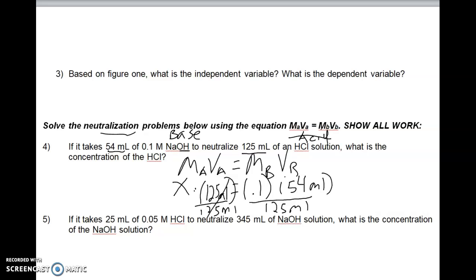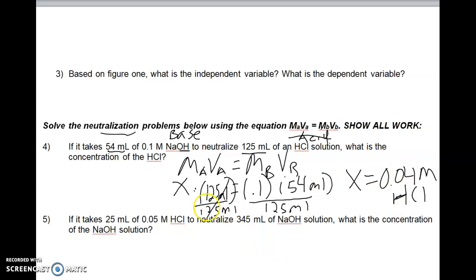And when you plug that into your calculator, you will get X, the concentration of your acid, equal to 0.04 molar, capital M. And that is for our acid, which is HCl.